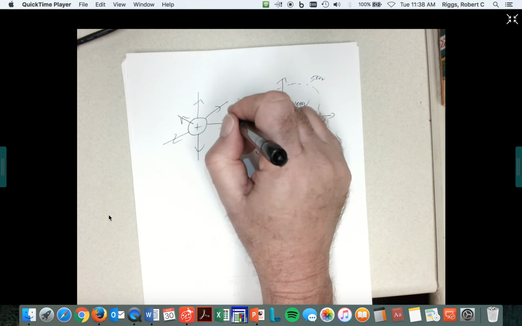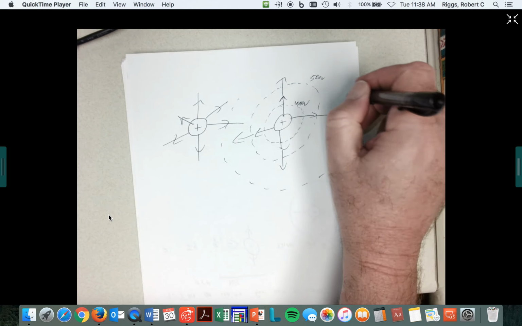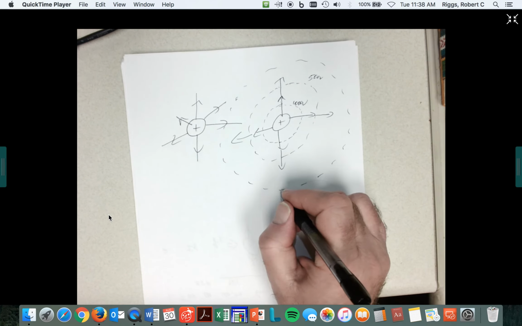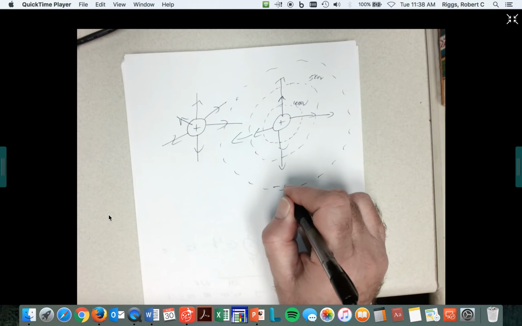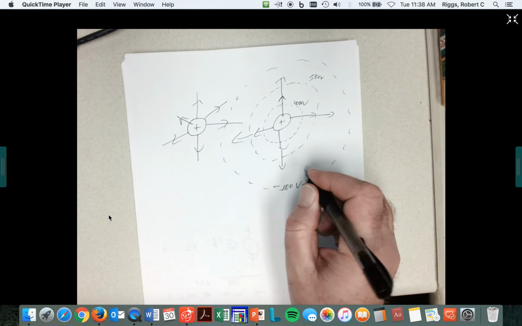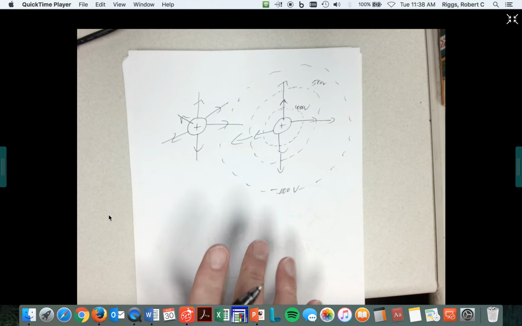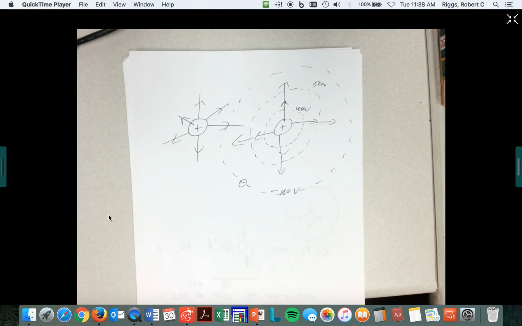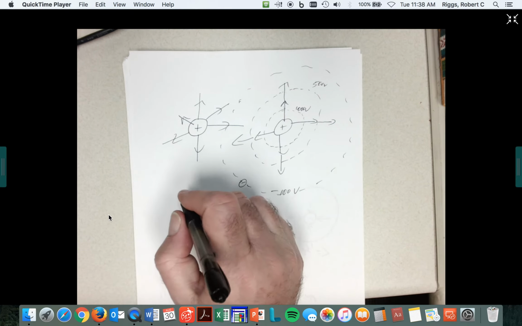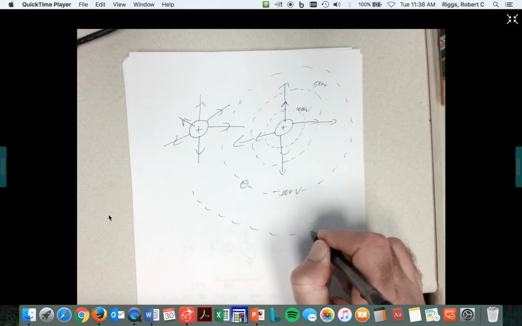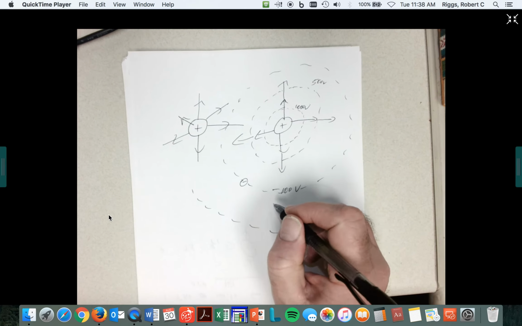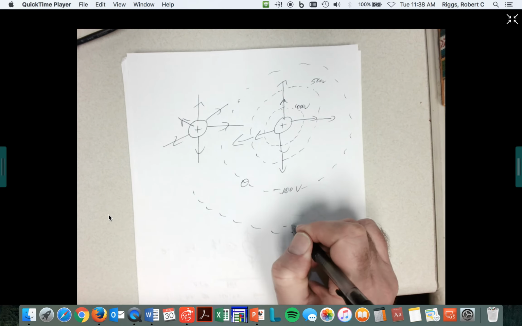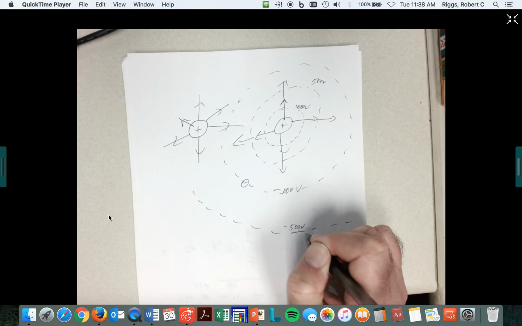And then over here, this becomes negative 100 volts. Now, let's say, for the sake of argument, that I'm a negative charge out here, and I'm free to move. So I'm at negative 100 volts, and out here, perpendicular to the electric field, is negative 500 volts. Okay, this line is negative.